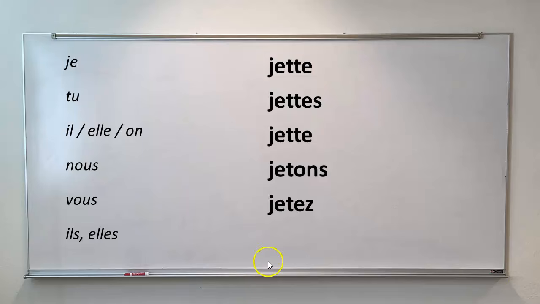And then il or elle, we're back to the doubling of the consonant, il jette. Je jette, tu jettes, il jette, nous jetons, vous jetez, ils jettent.